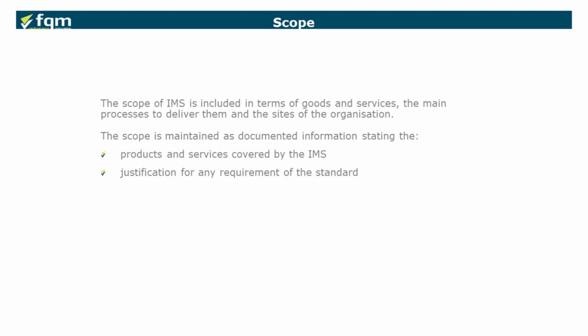So if you take, for example, an oil and gas operator. I assisted an oil and gas operator back in 2012 achieve ISO 14001. The scope of their management system was the management of oil and gas operations. Okay, the scope was not oil and gas operations.